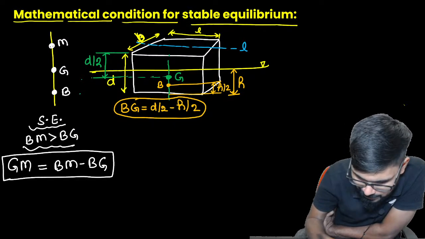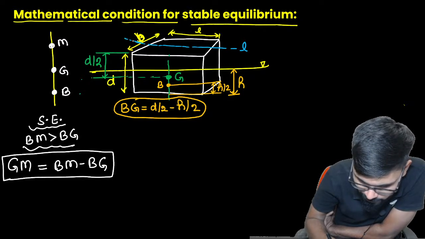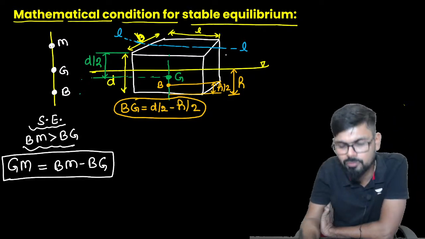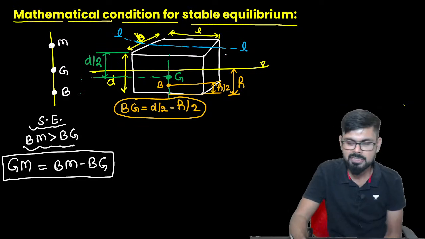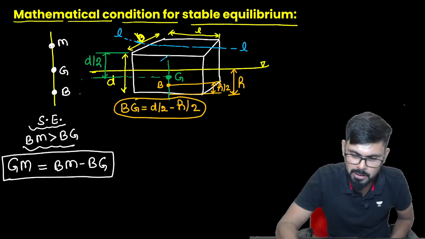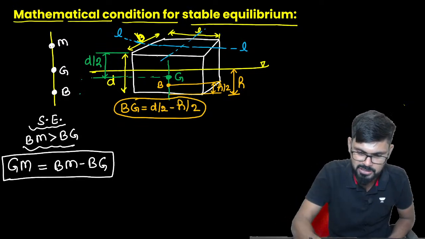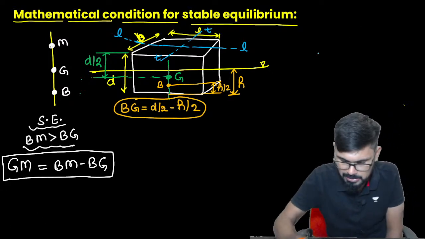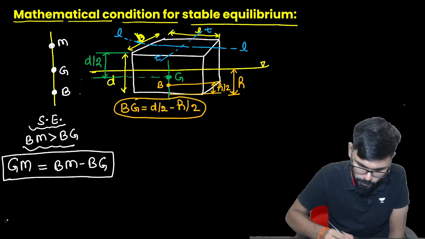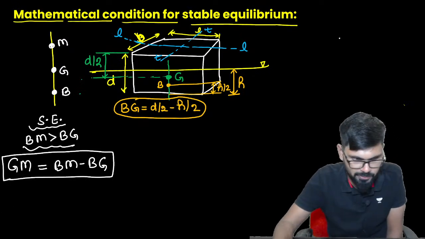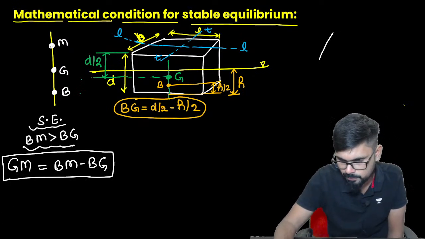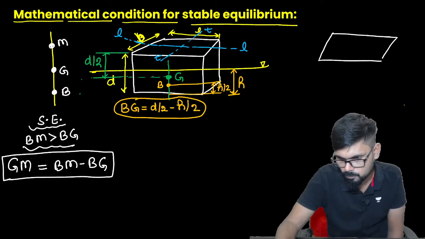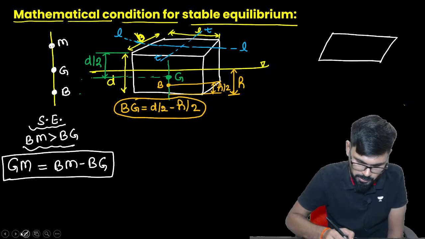This is basically L I am writing, the longitudinal axis, and this is the transverse axis, T comma T. So I have to draw the same thing here to make you understand.